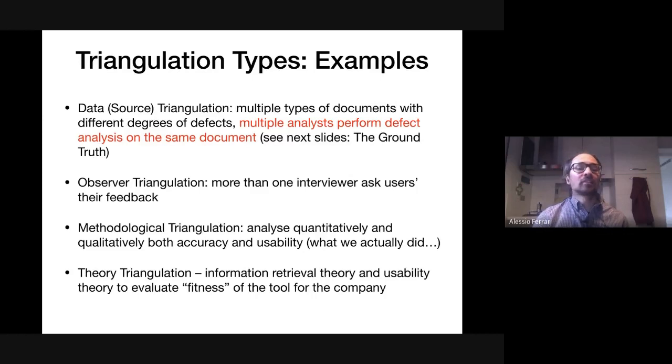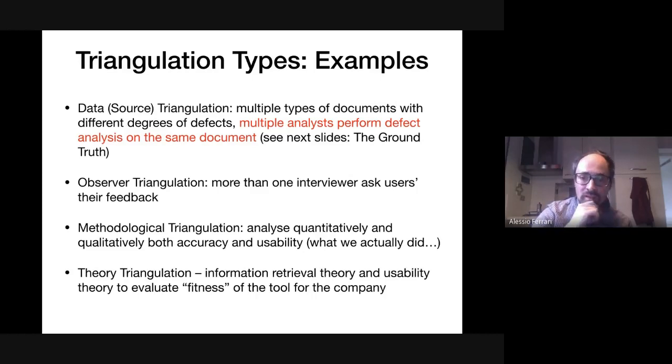And finally, theory triangulation. For example, in this case, we are looking at how good this tool is from the viewpoint of information retrieval theory, so using the theory of precision and recall, and usability theory to evaluate the fitness of the tool for the company. So how good and how appropriate is the tool for the company. So you see that in our case, we can use all these types of triangulation to increase objectivity in our study.